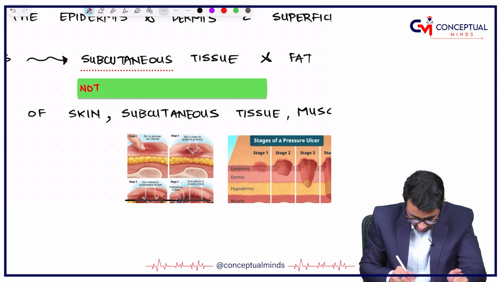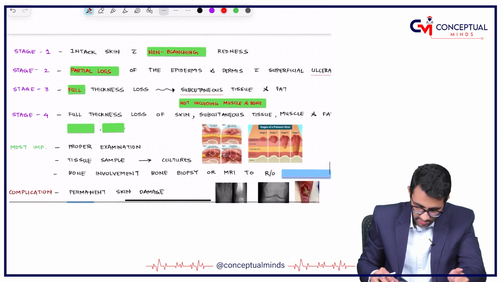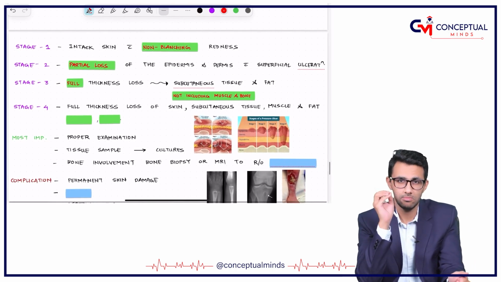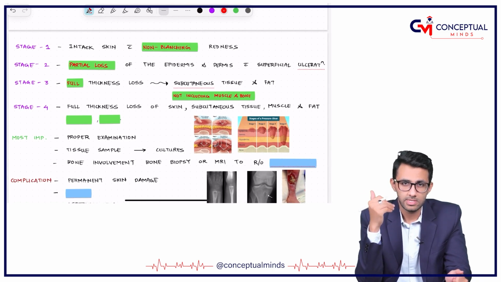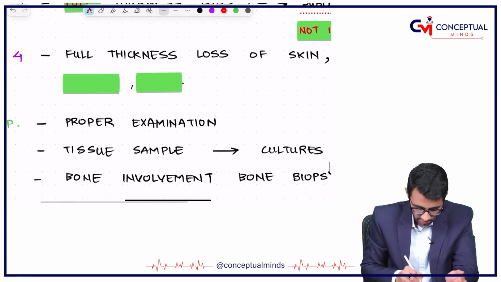If in stage 3 the muscle and bones are not involved, in which stage will they be involved? Stage 4, right? It's very simple. So the tendon and bones are involved.